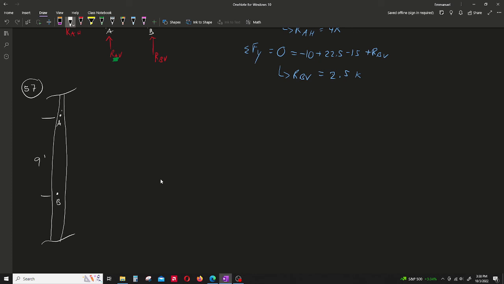They've got an object here off of A. They're calling this C. And at C, we've got a 500 pound force there. We also have a uniform distributed load going on here.